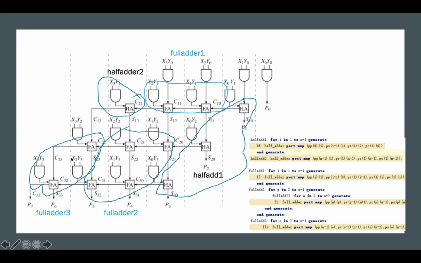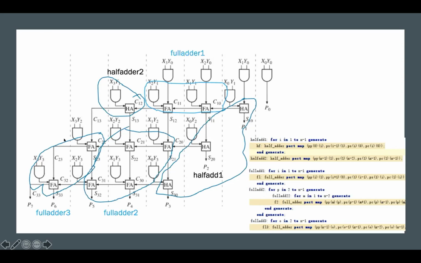And so these two also have the same pattern. And in between are these 4 full adders. They have exactly the same pattern, as they also have the same X and Y input, sum input from the top, carry in from the right, and provide output to the left, carry out and the next sum to the next full adder.